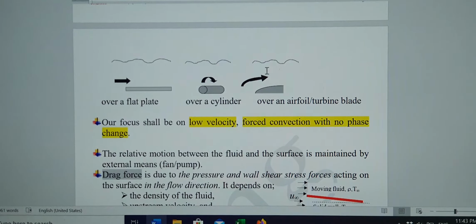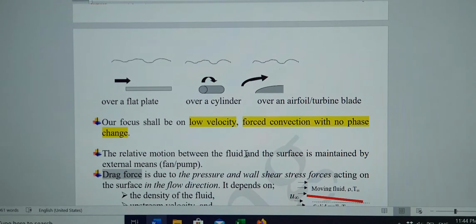Some examples of flow over solid bodies are these: over a flat plate, which we encounter often; flow over a cylinder, a circular cylinder here; it could be any other geometrical cylinder and any other arbitrarily shaped body. But in this course, we shall focus only on low velocity forced convection with no phase change.